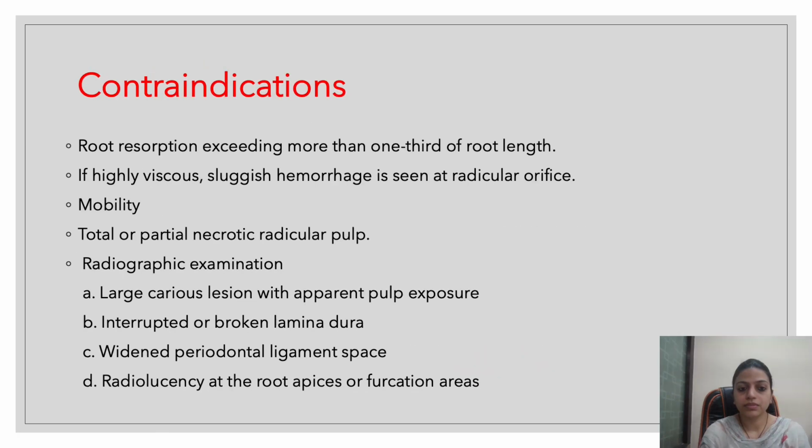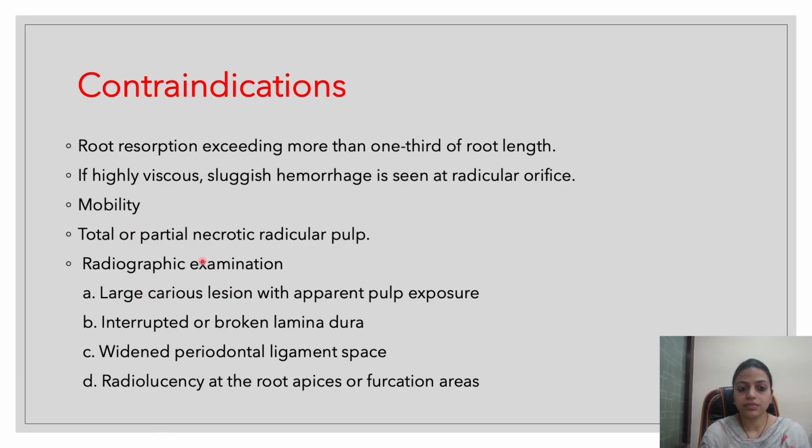There are certain contraindications: root resorption exceeding one-third of the root length. If the hemorrhage at the radicular orifice, as I just told, is viscous or sluggish, then it is also contraindicated. If there is any kind of mobility in the tooth, or total or partial necrotic radicular pulp.